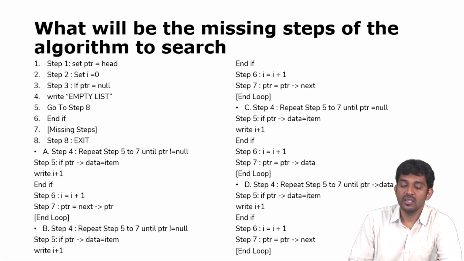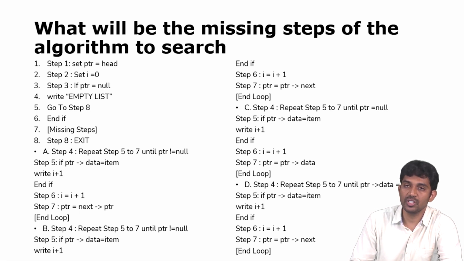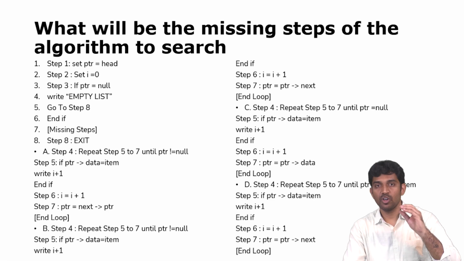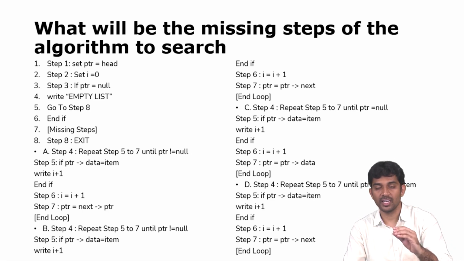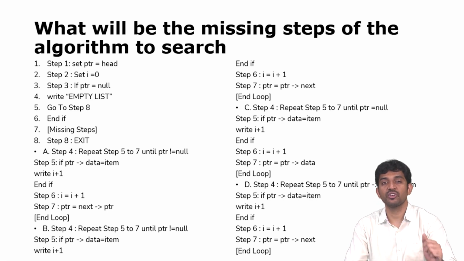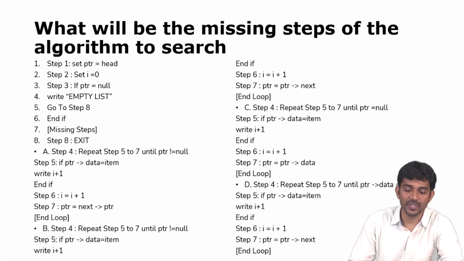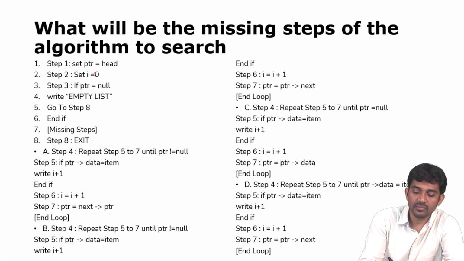And what will be the missing steps of the algorithm to search? See, they'll take a small algorithm, right? They'll miss some of the steps of the particular algorithm, and you need to identify those steps. See, what is there here? I value is 0, right? This is the linked list program, because they mention the head.